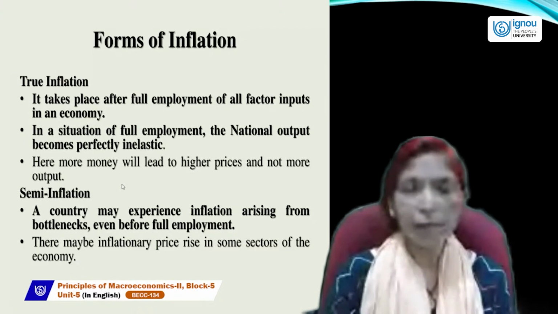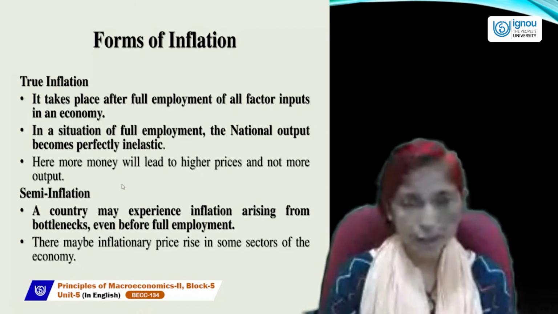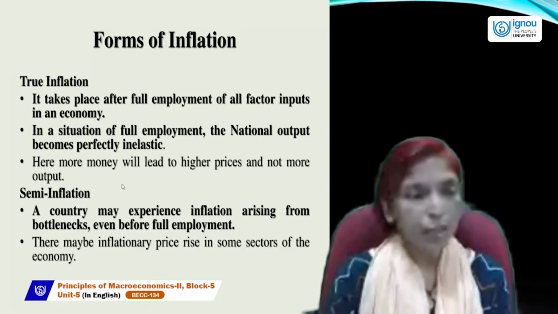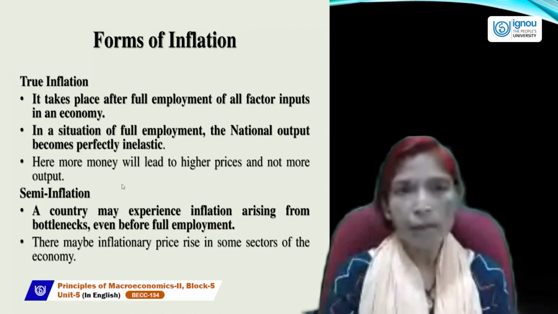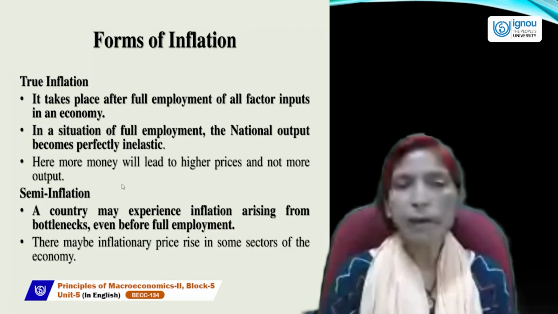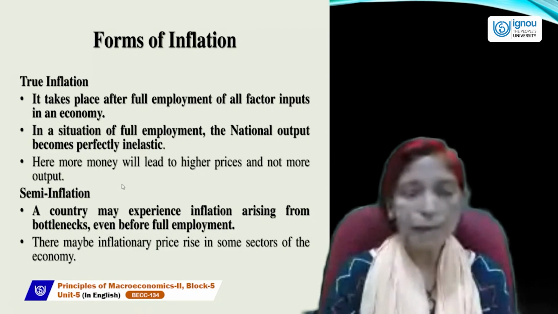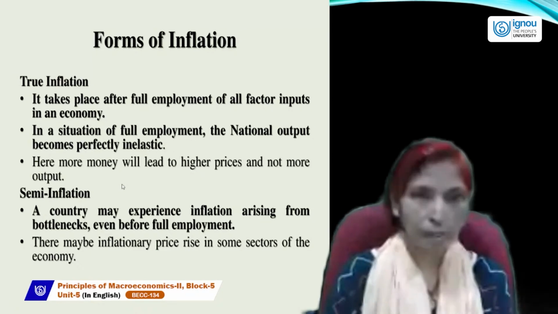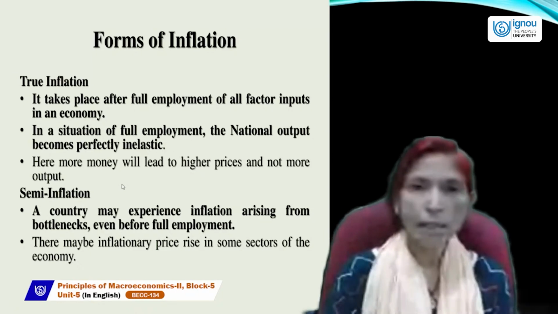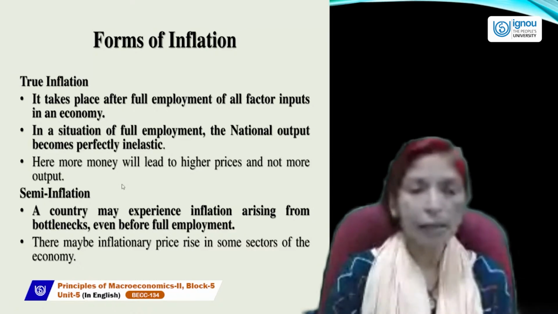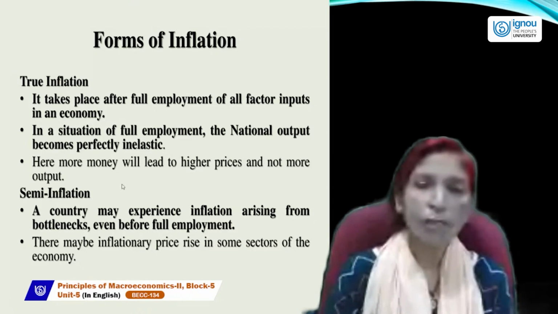Next is semi-inflation. Semi-inflation is also known as quasi-inflation. Quasi or semi, both are the same word. So semi-inflation exists when a country may experience inflation arising from bottlenecks even before full employment. If inflation exists before the full employment level, that is called semi-inflation.